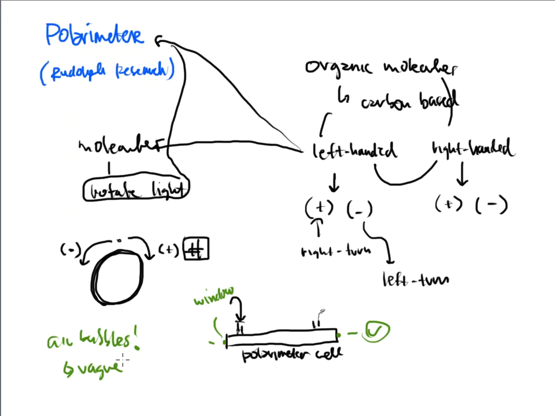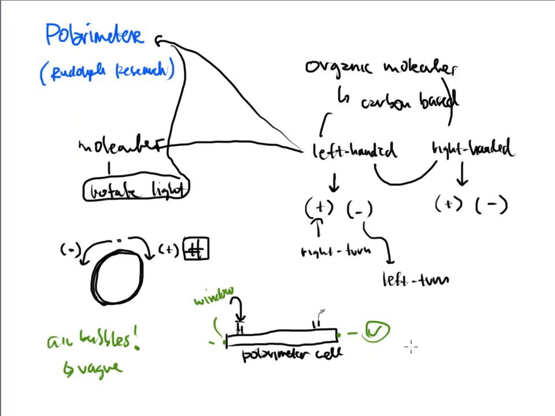I will not be able to see completely through it, and I do not want that to happen. Okay? The solutions can have a color. That's no big deal, but they need to be clear. If they're not clear, the polarimeter will not work, and air bubbles will distort that view. I cannot have an air bubble in the polarimeter cell. If there are air bubbles, the way that I fix it is I just keep pushing more and more sample through until it pushes out the air bubble and it's no longer present.